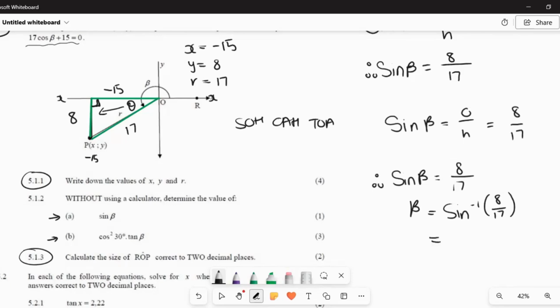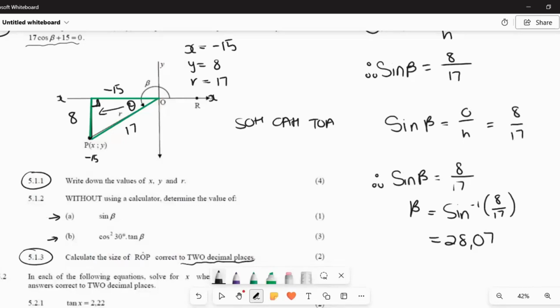Let's quickly check how much we get in this case. We have 8 over 17, then it will give us 28,07. Remember, they said we should round it off to 2 decimal places, right?